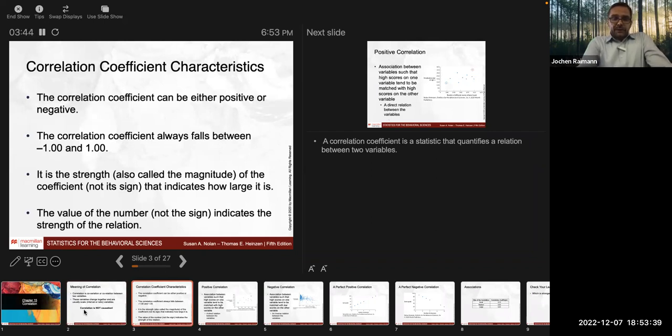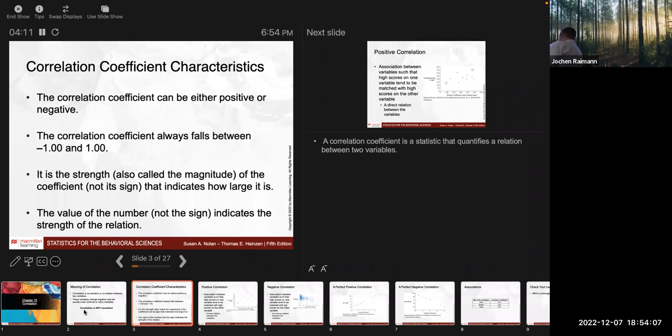Of course, there's a calculation, and there's a number, and that number describes the strength of this correlation. This correlation coefficient can be positive or negative, because as said, if one variable increases and the other one increases as well, this is a positive correlation. If one number increases and the other one decreases, that's a negative correlation.